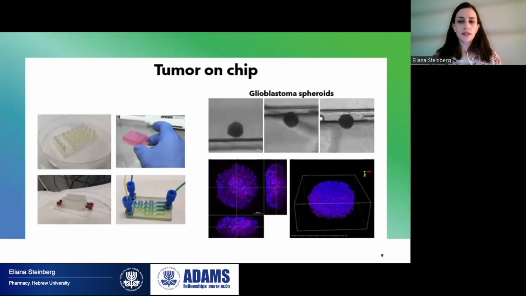On the right, we can see an example of glioblastoma spheroids that were grown in a microfluidic chip for 6 days and treated with doxorubicin 500 micromolar and imaged using a confocal microscope. We can see that we were able to obtain high-resolution images of the inner layers, which is important for many reasons. Here specifically, we were able to learn to what extent the drug was able to penetrate into the deep layers of the spheroids.